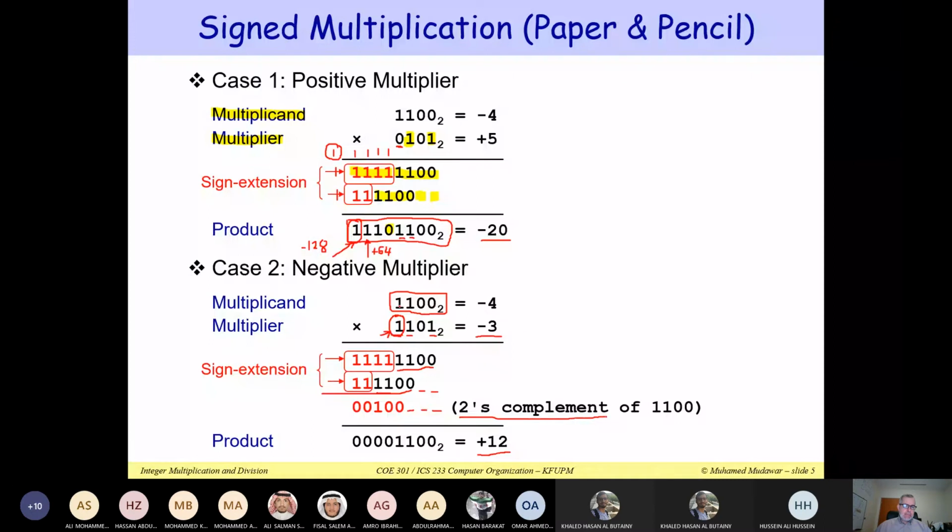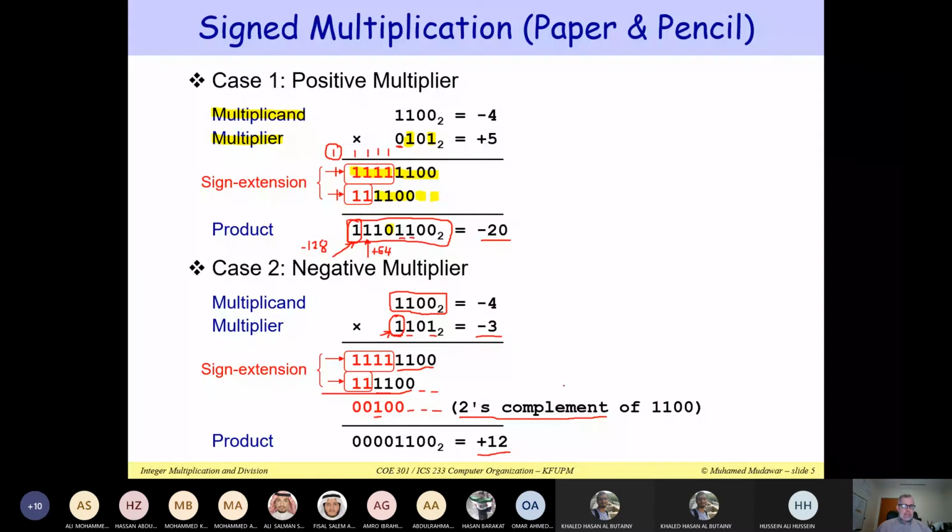When we take the 2's complement, it's like subtraction. So when we take the 2's complement of the multiplicand, we leave the least significant zeros until we encounter the least significant 1. And we complement all the bits that appear to the left of this least significant 1. So these ones become zeros.